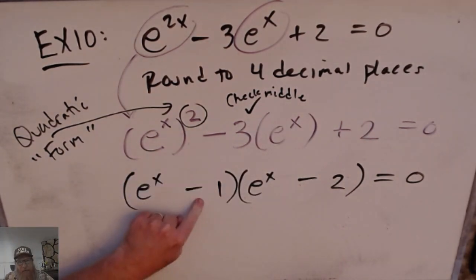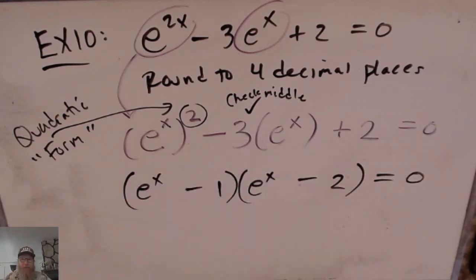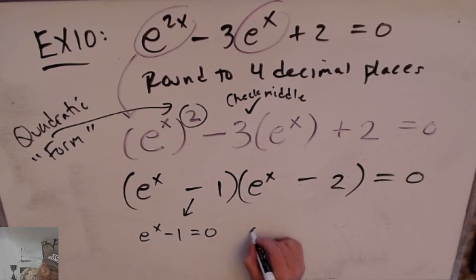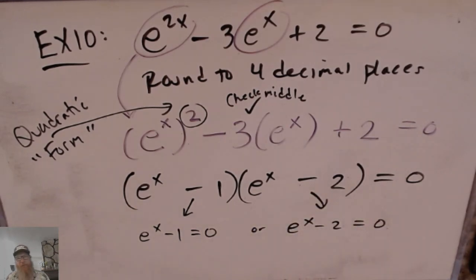Look, -1 and -2, if you add them, they give you -3. And now you have e to the x minus 1 equals 0, or e to the x minus 2 equals 0. So e to the x equals 1, or e to the x equals 2.